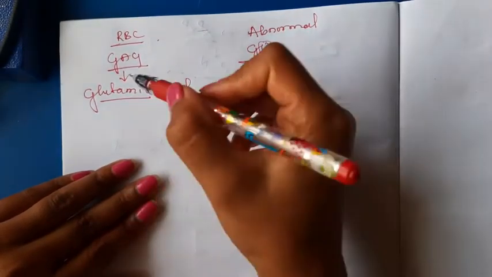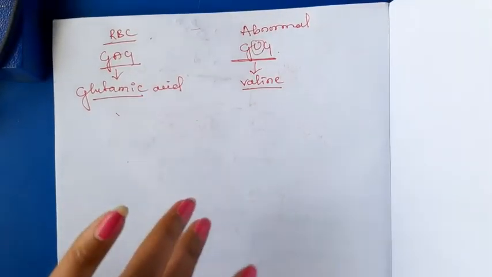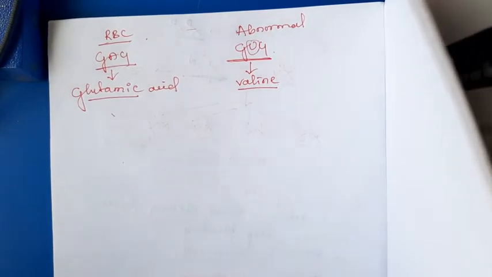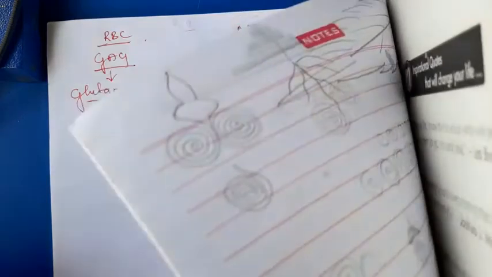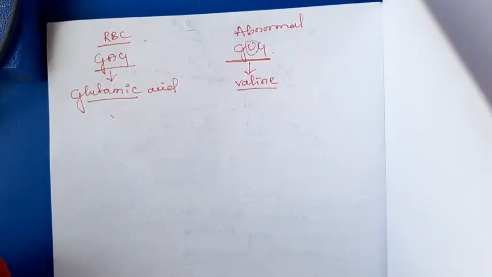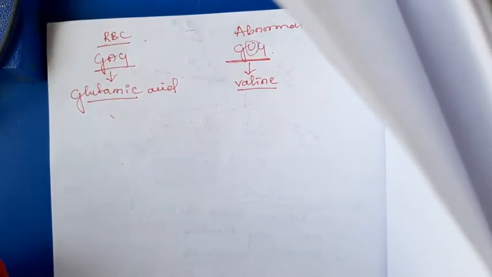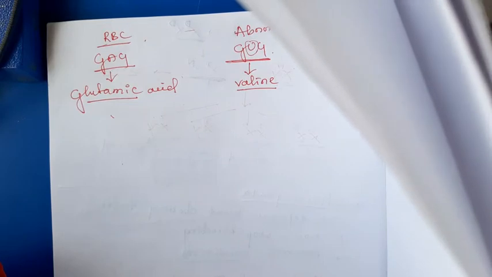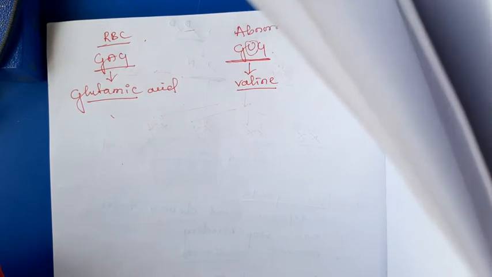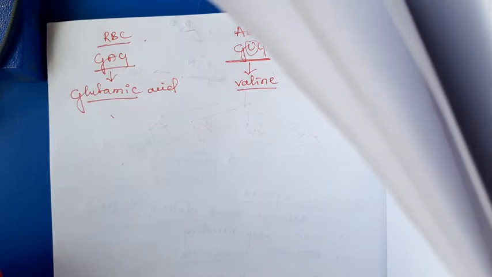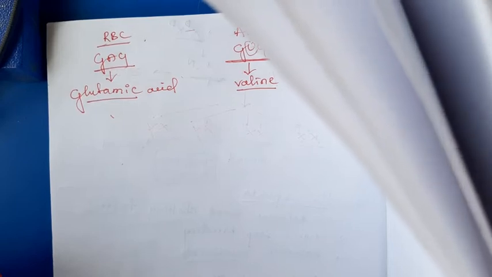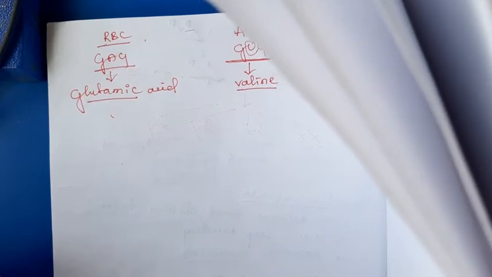Instead of coding for glutamic acid, due to the change of one nitrogen base, it codes for valine. The substitution of U instead of A in the 6th position of the beta globin chain of hemoglobin causes the presence of valine. That's why the shape of the RBCs changes.